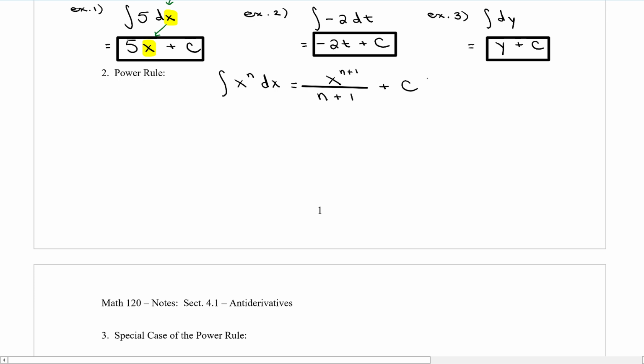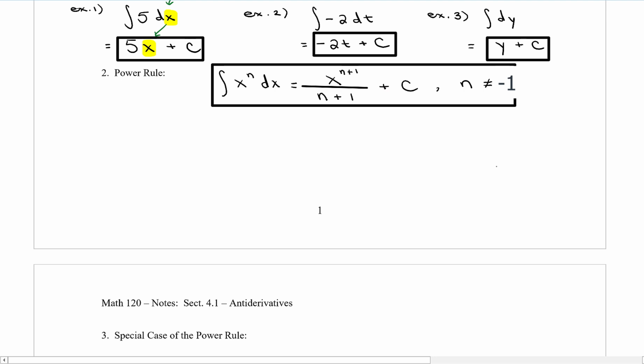And then we're going to put plus c out to the side here, so long as n is not equal to negative 1. Let's put a box around that.